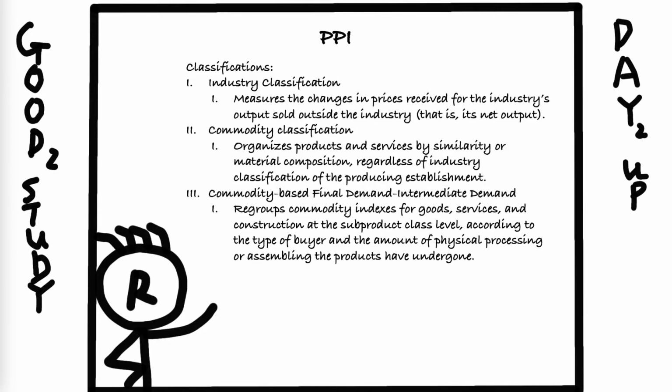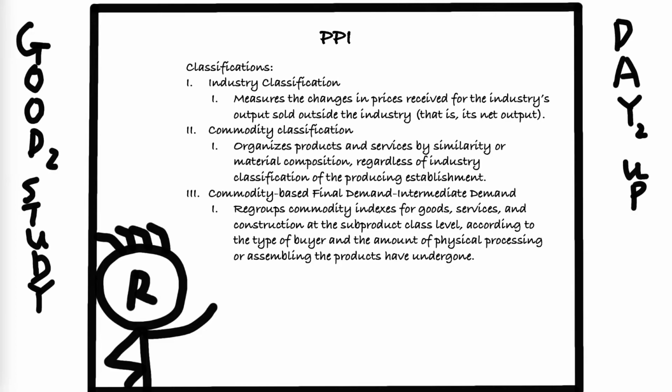It measures the revenue received for the industry's output sold outside the industry. The second one is commodity classification. It organizes products and services by similarity or material composition, regardless of the industry classification. And the third one is commodity-based final demand minus intermediate demand.